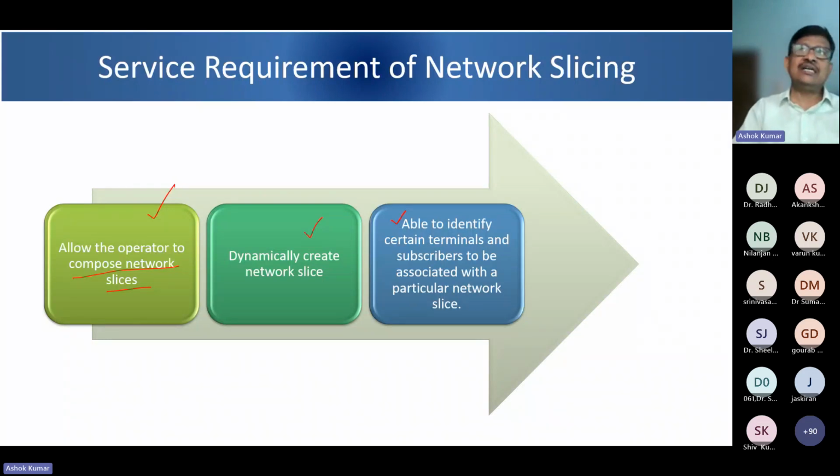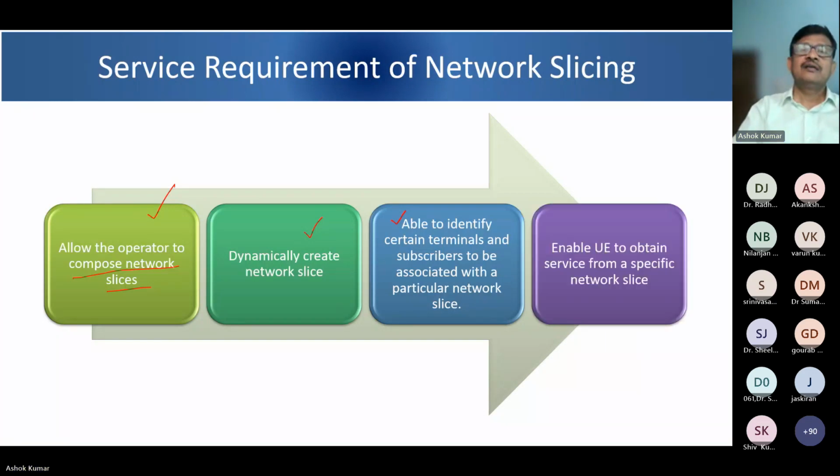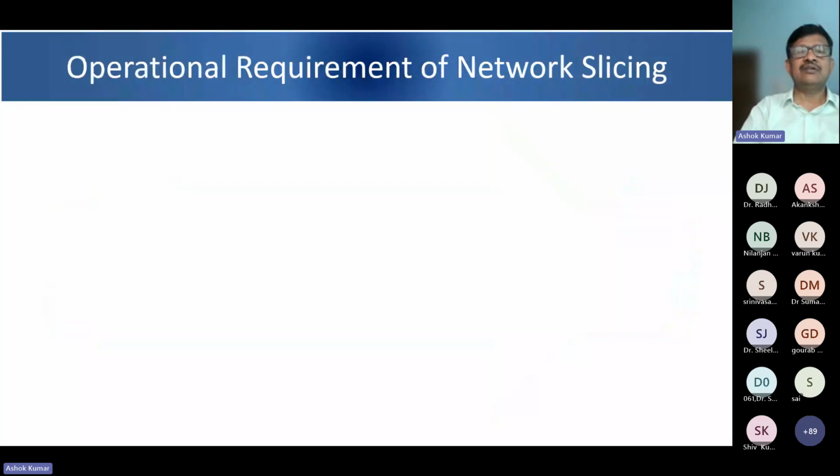Similarly, an autonomous car should be able to connect to the slice of autonomous cars. So that capability should be inside the network. And the network should enable the user equipment so that it is able to take service from the particular network slice. So these things should be possible. That's what they talked about with respect to the service requirement.